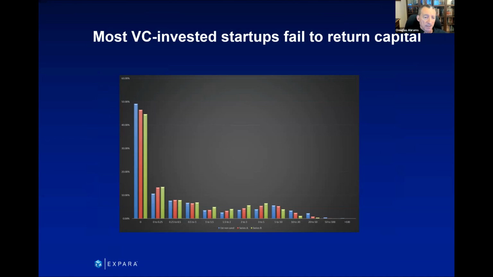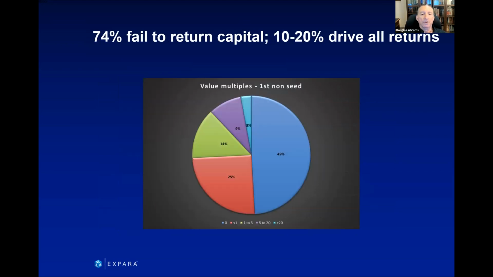So you see almost 50% of even first non-seed stage investments are delivering zero. And when we get to 20x or more, you can see the tiny, tiny number of investments that are generating those returns. And you can see everything to the left here is 0 or less than 1x. So you can see the same shape as we looked at in the previous graph, looking at real portfolio returns.